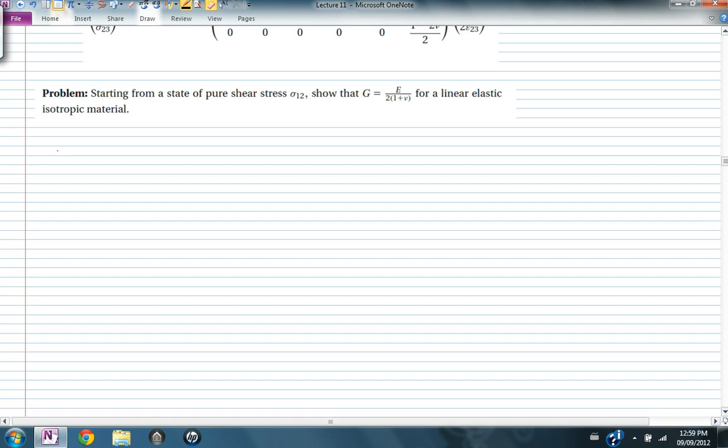So given that the stress is equal to 0, sigma 1 2, sigma 1 2, 0, the vector representation of the stress, just for the ease of utilizing the relationship above, looks like this.